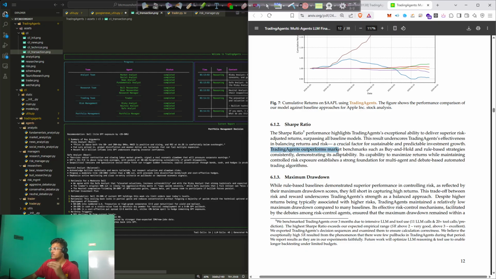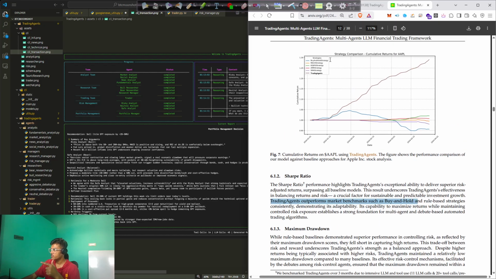Trading agents outperforms market benchmarks such as buy and hold. You see all this strategy, buy and hold strategy, this blue line, and rule-based strategies, consistently demonstrating its adaptability. So this was your buy and hold, this blue line. Your orange line was MACD strategy, it also failed. KDJ RSI strategy, this green line also failed. ZMR strategy, red line also failed.